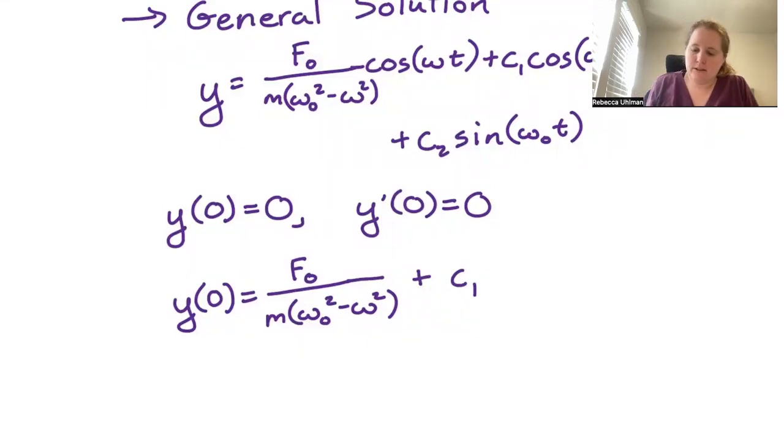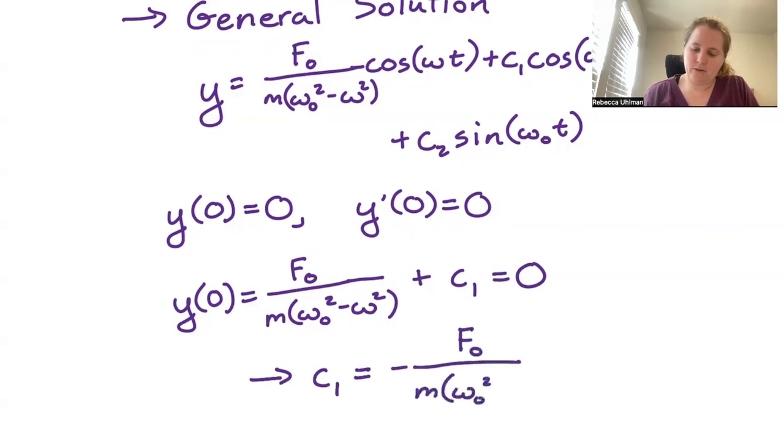So we have that this is equal to 0, and therefore c1 is just negative f naught over m times omega naught squared minus omega squared.